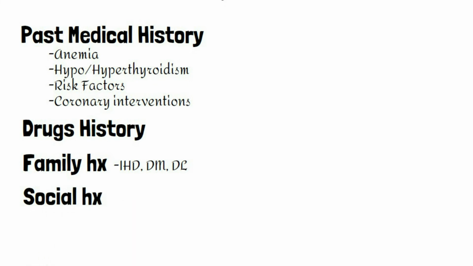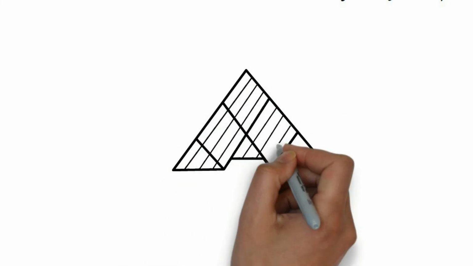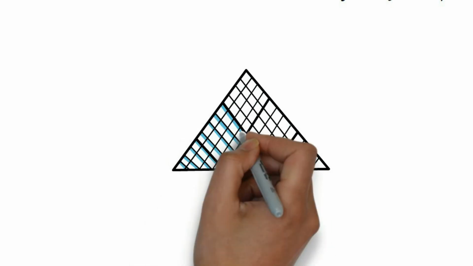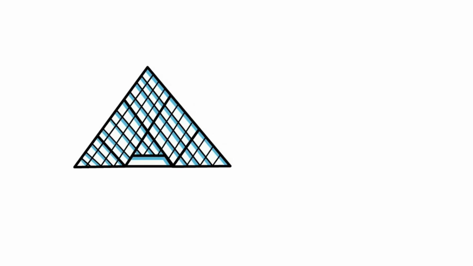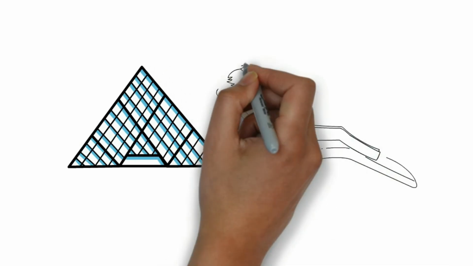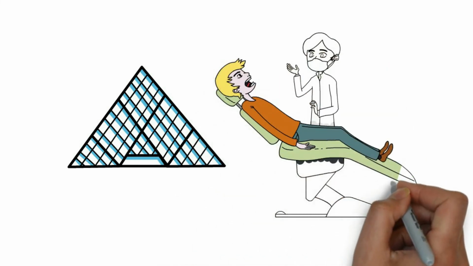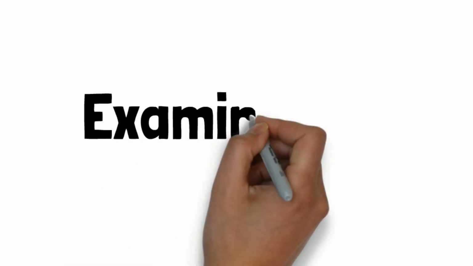Social history, occupation, exercise, lifestyle, psychological aspect. These are the things that you must ask in the history when a patient presents with chest pain. After taking history, you can narrow down your list of differential diagnoses by excluding some conditions. But still, we can't come to a diagnosis. So, the patient should be examined, and the list of DDs should be further narrowed down. Let's jump into the examination now.